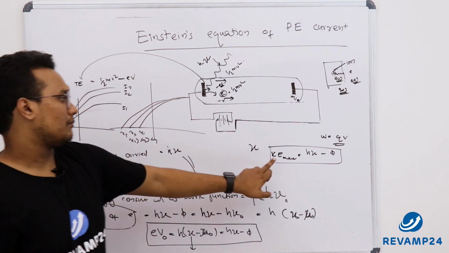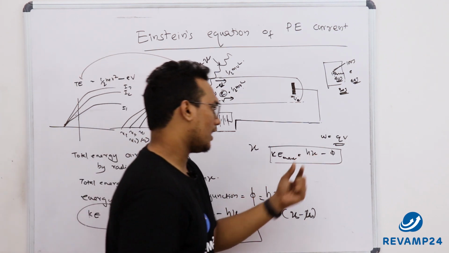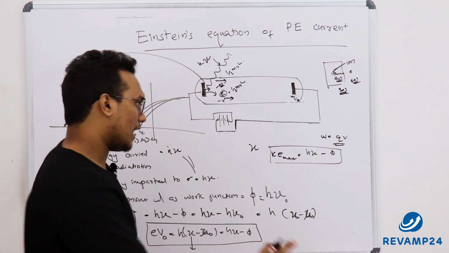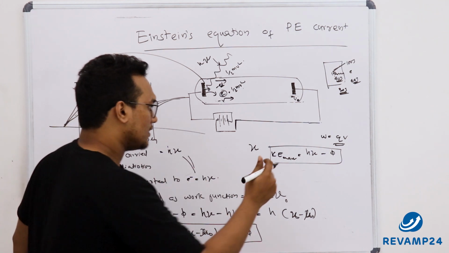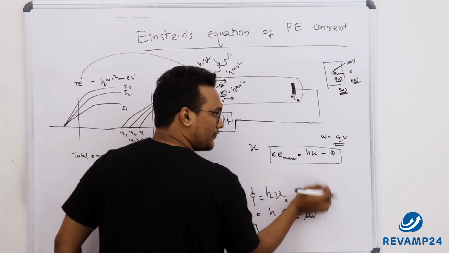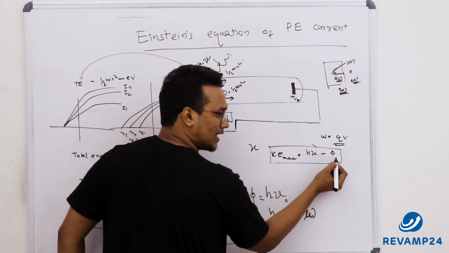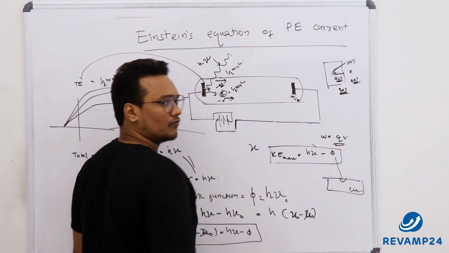The kinetic energy is always a function of the incoming radiation. Now see, for a material, its work function will not change. With the same material, if you are changing the frequency of the incoming radiation, say the frequency is 100 and now you change it to 150, this value will change and this will remain the same. For example, you have a copper rod, so copper will have the same work function.